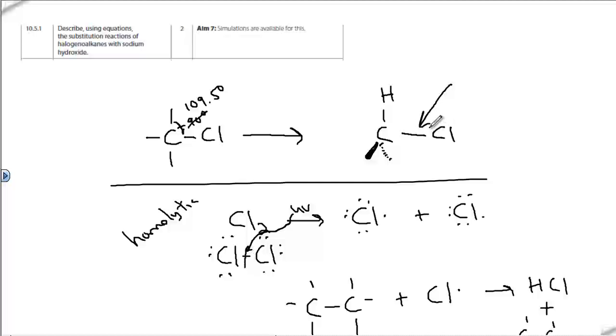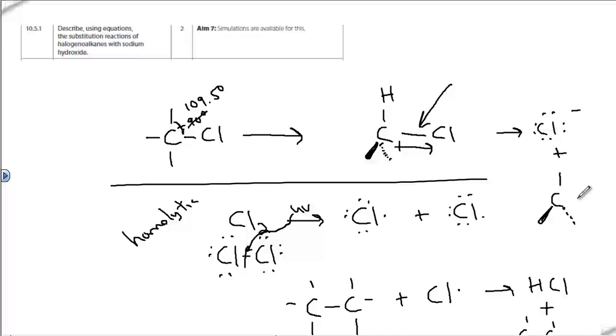But in this case, this bond is polar. As a matter of fact, it's polar in that direction towards the chlorine. So if that bond were to break, it's very likely to break and leave chlorine with an extra electron, negative ion in that case, and leave behind, in place of it, if you look carefully here, the residual compound.